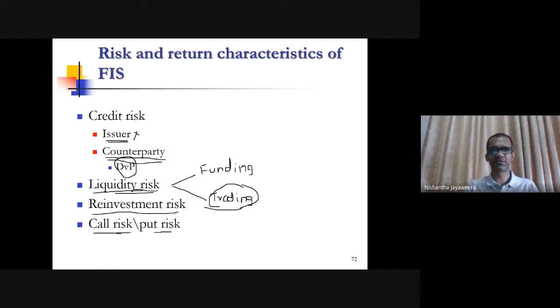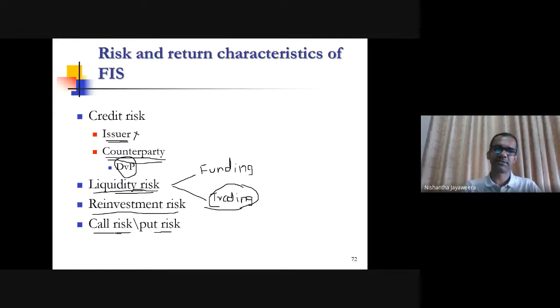The issuer can repay the bond before the original maturity date. There is a schedule, most probably, which is agreed upon at the time of issuance. Before the maturity, the issuer can redeem the bond.